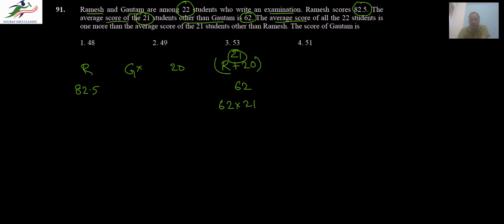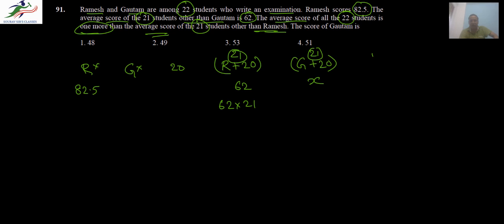The average score of all the 22 students is one more than the average score of the 21 students other than Ramesh. So 21 students other than Ramesh would be Gautam plus 20 other students. So that makes it 21. And we don't know what their average was. So let's assume that the average was x.